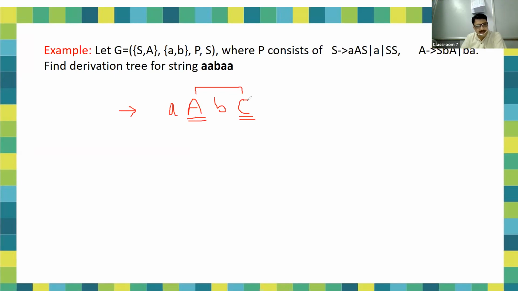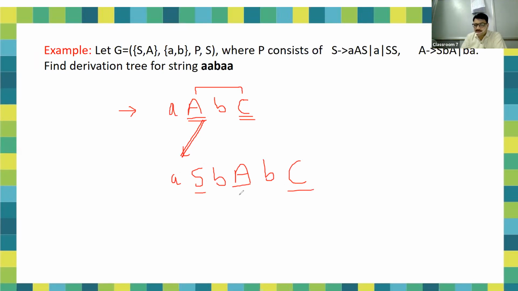Simple, right? So now, if more than one variable is there, then in this situation, if you always expand the leftmost variable, right? Suppose in this situation, A will be expanded. So the production of A, suppose SBA, then this is simply B and this is simply C. Now you can find here, there are three variables, right?